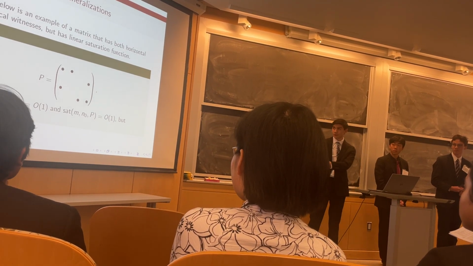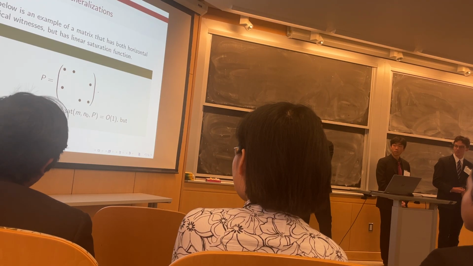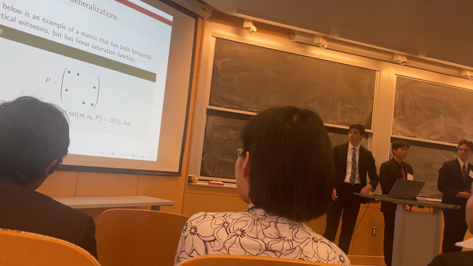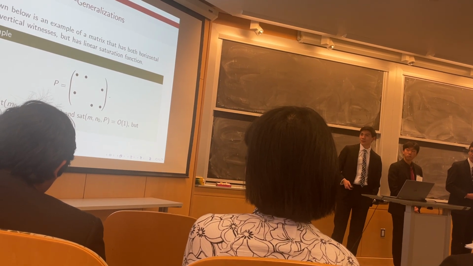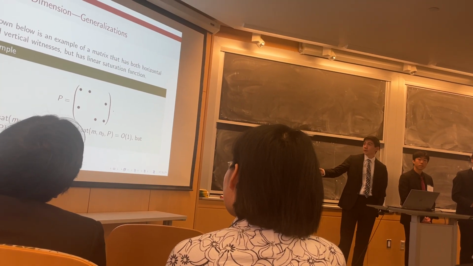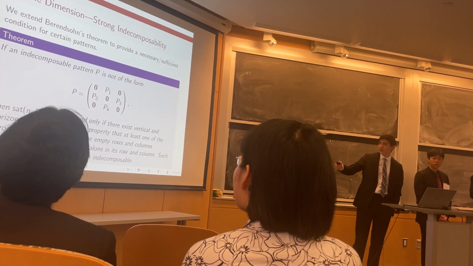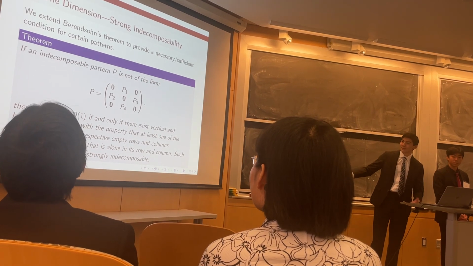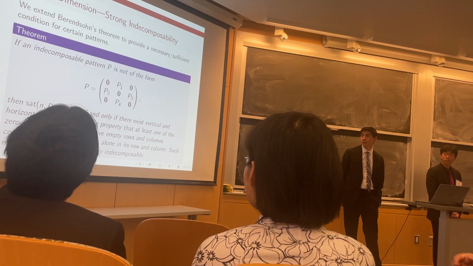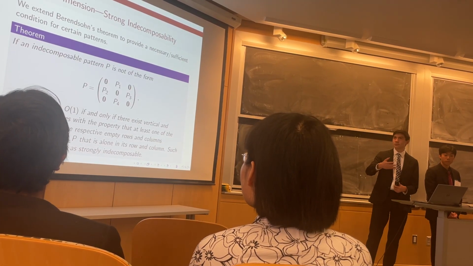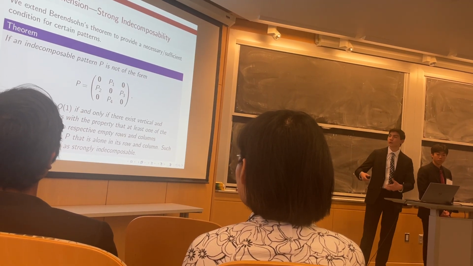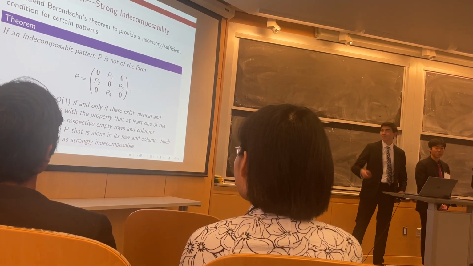Now this is a pretty counterintuitive result, and it's also a pretty annoying result if what we're trying to do is generalize the theorem of Berenson. So what we had to do is place some explicit conditions on the witnesses for P. So this is our generalization, and it's quite a lot on the slide, but the main two takeaways here are that this condition on P applies to, to borrow Dr. Jennison's terminology, almost all matrices P as P grows large.